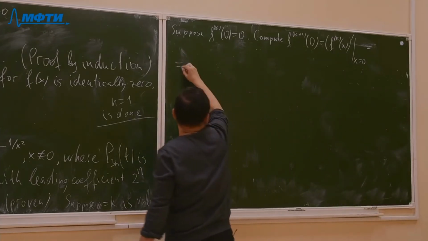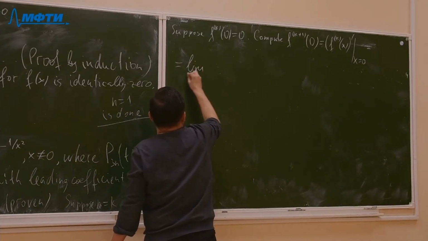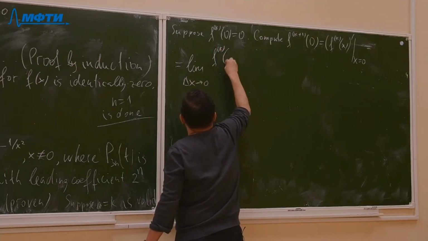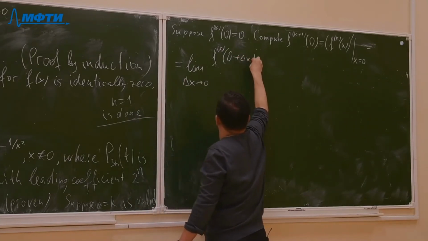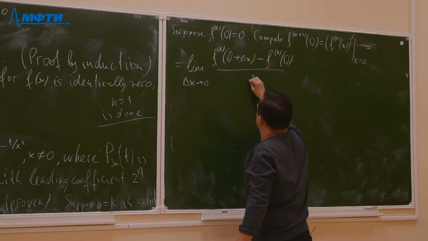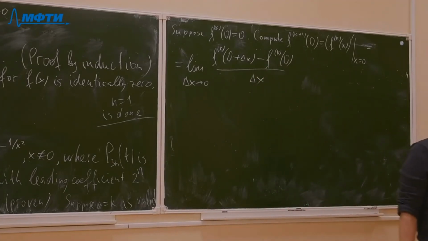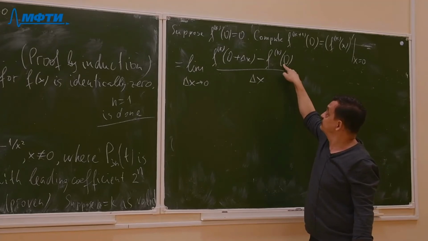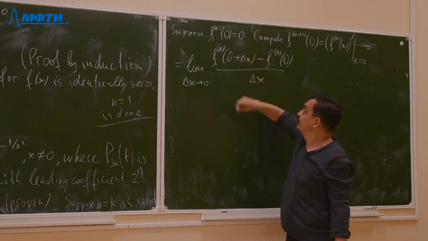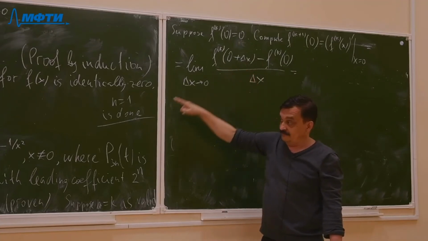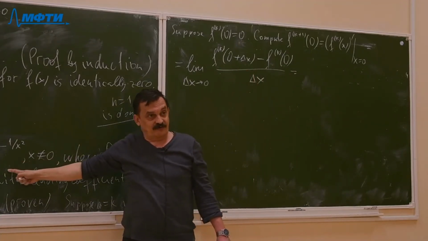Let's compute it. By definition, limit as delta x tends to 0, kth derivative at 0 plus delta x minus kth derivative at 0, over delta x. Okay, we know by the induction hypothesis the kth derivative at 0 is 0, right? And the kth derivative at delta x may be computed by the former claim, right?